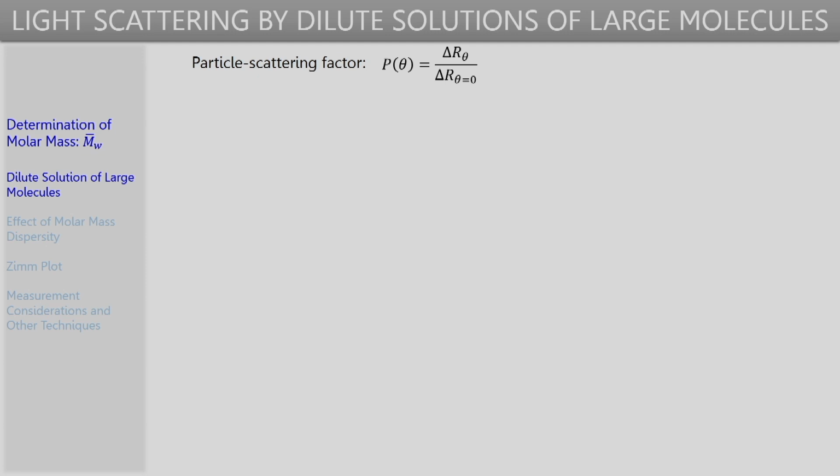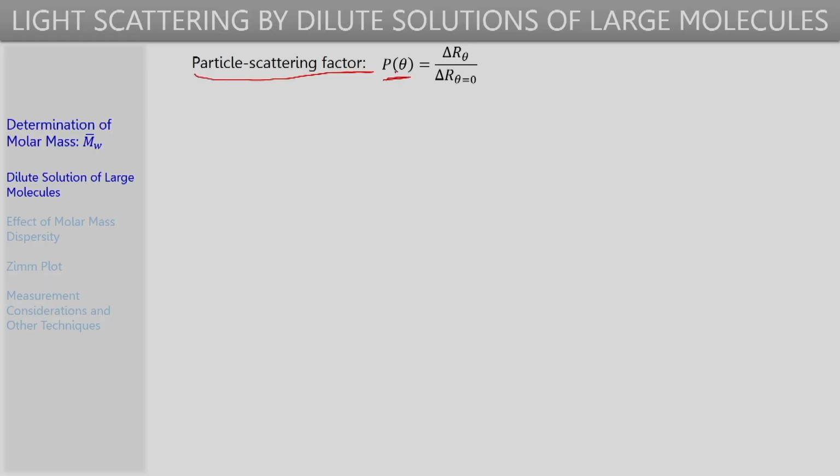For the case where the solute molecules are large, the particle scattering factor was introduced. This was introduced to account for the fact that for large solute molecules, these molecules cannot be considered point scatterers anymore, and scattering can take place from different parts of the same molecule, and interference can take place between the scattered radiation from the different parts of the same molecule.